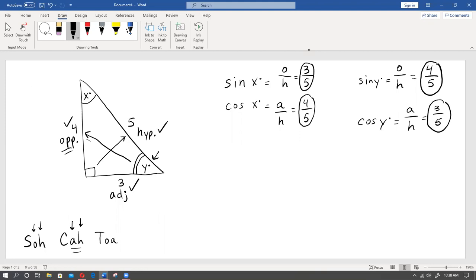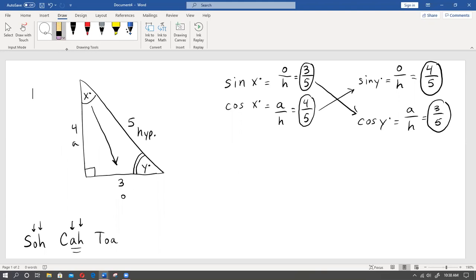Now notice that the cosine of X is the same as the sine of Y, and the sine of X is the same as the cosine of Y. Okay, that's because, let me show you real quick. When we first started with X, that made the opposite 3 and the adjacent was 4.